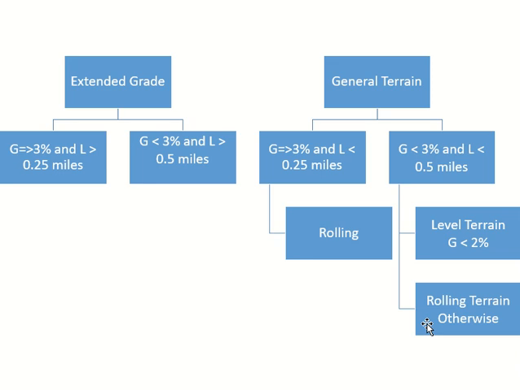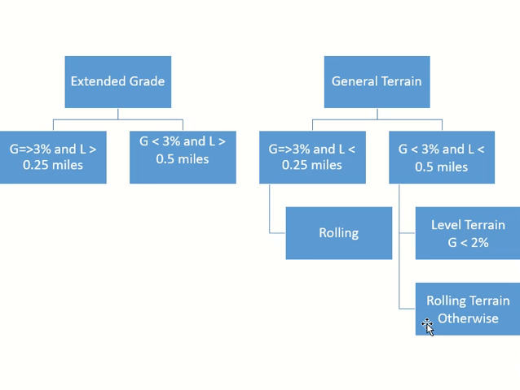If not, then we come here and check this one: gradient less than 3% and length less than 0.5 miles. If this happens, then you check again. There's another check for level. For level, the gradient must be less than 2%. So if it is between 2 and 3, it can still be rolling.